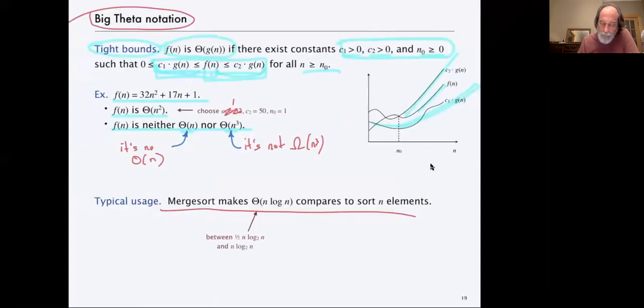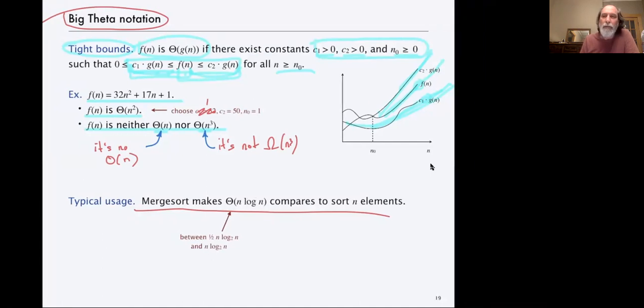Well, if you think about this, it kind of makes sense. f of n is sandwiched between 2 different multiples of g of n, right? So the ratio of f and g, kind of, does it make sense? Kind of makes sense, but we'll prove it.